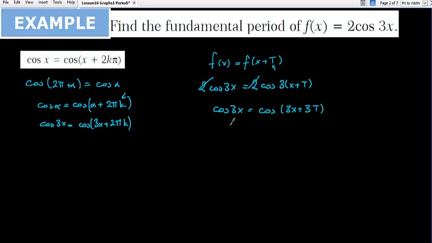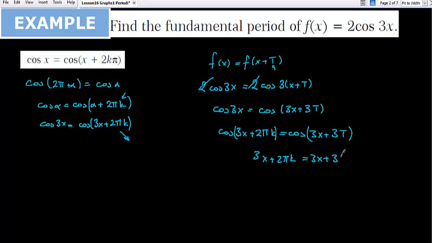Now I'm going to replace cosine 3x by cosine of 3x plus 2 pi k. Cosine of 3x plus 2 pi k is going to be equal to cosine of 3x plus 3T. Continuing, 3x plus 2 pi k is equal to 3x plus 3T.